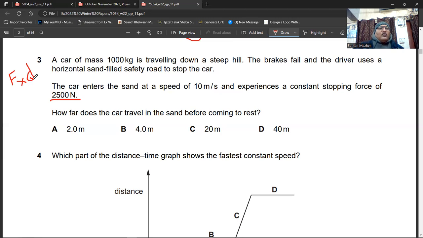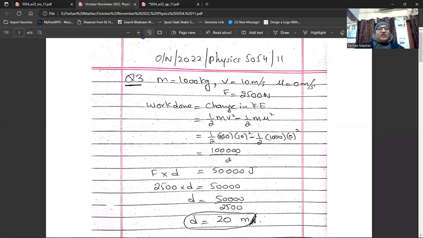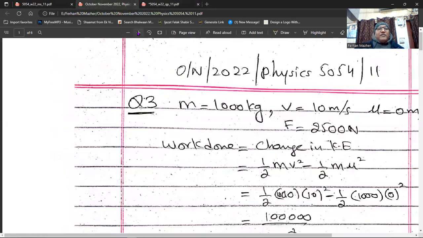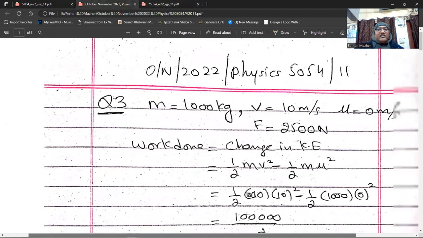Okay, so the force applied, which is trying to stop the car, is 2500 Newton, and the distance is the question, and that will be the work done. But the work done can also be calculated by the change in the kinetic energy. So let me show you.